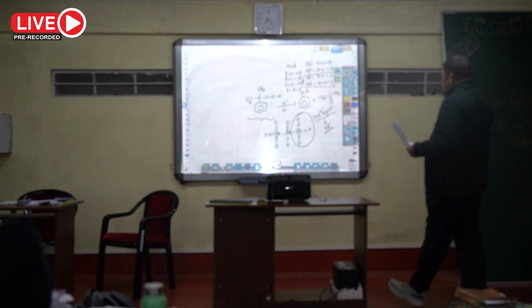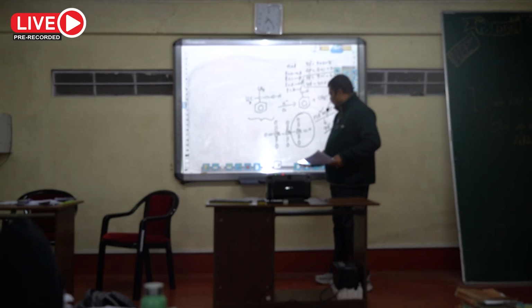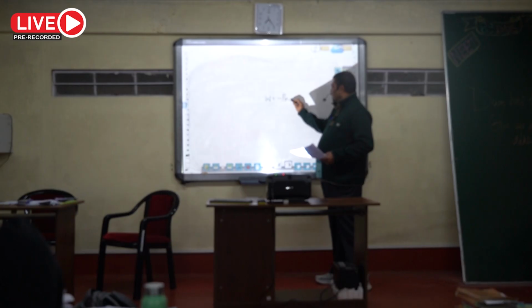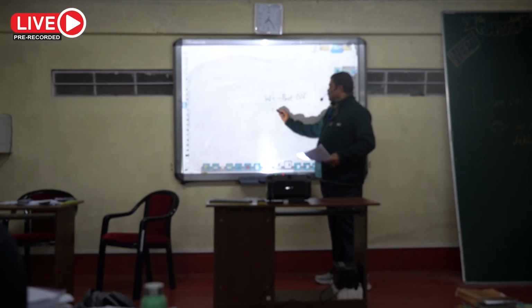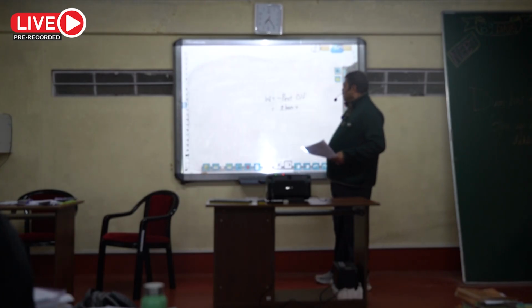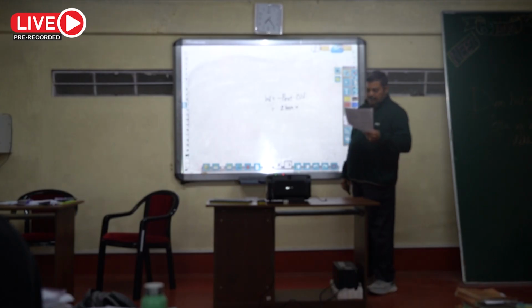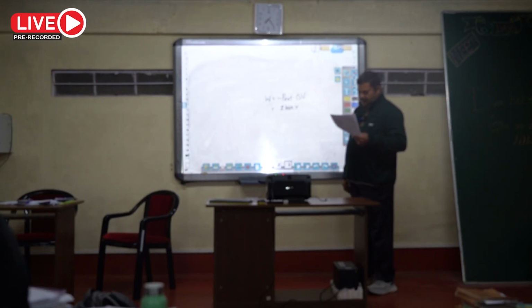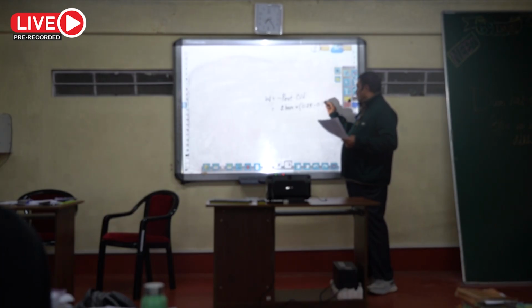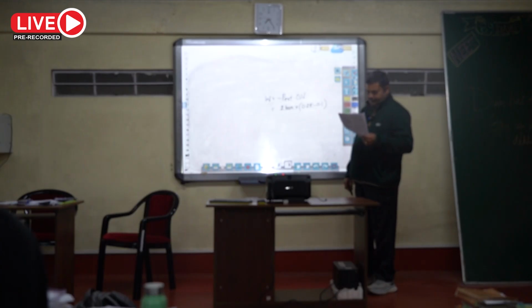So work done by gas W is equal to minus P external into delta V. This is given as 2 bar into delta V, 0.25 liter minus 0.1 liter.